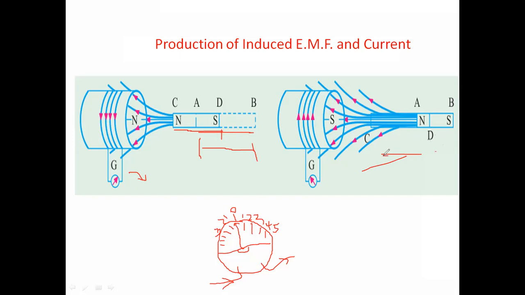After moving away, there is again a far away distance, I mean the distance is very high. That's why the flux is not cut by this coil, and the EMF or current is 0.